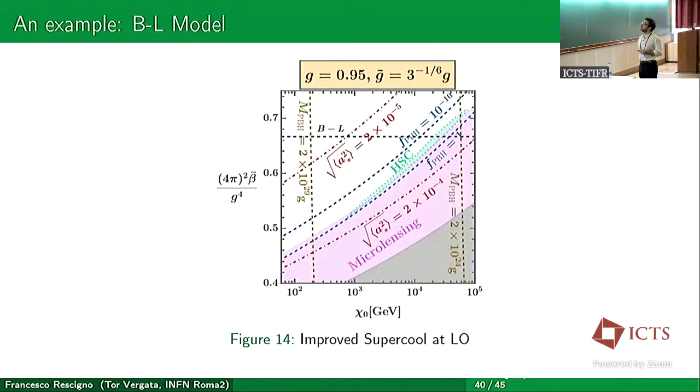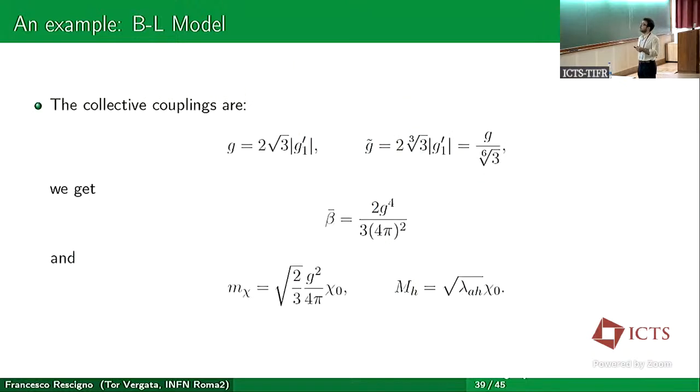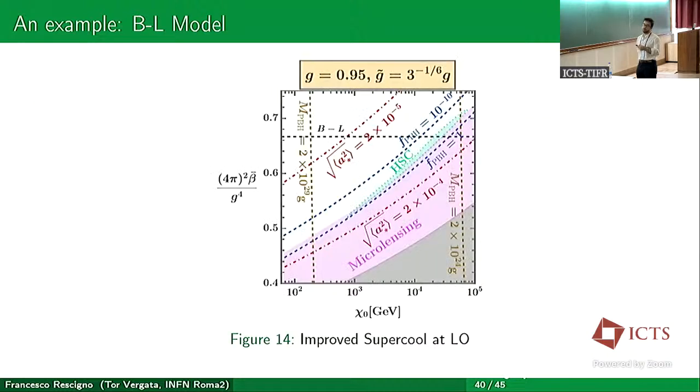Now we can plot the B minus L model. Since this parameter here is constant, 2/3, the model is represented by this straight black line, and for a value of K that is 2 times 10 to the 4 GeV, we can match the anomalies in the IceCube data for this value of the coupling.